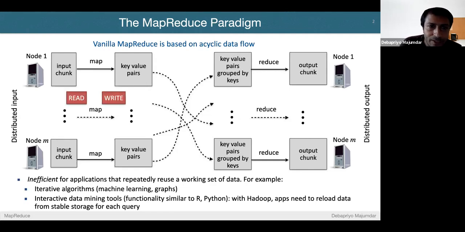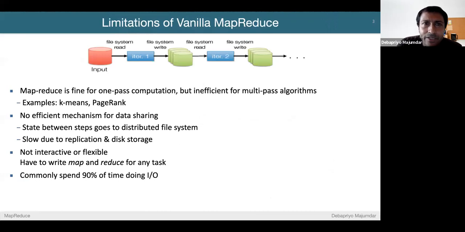And the problem, as I said, is read, write, network, and then read, write, right? So can we reduce especially the read-write part? The network we may not be able to reduce so much if we have a large amount of data and many clusters are essential. But can we reduce the read-write part? So essentially, limitations of vanilla MapReduce are: it's fine for one pass computation, but inefficient for multi-pass computations like k-means, PageRank, and so on.